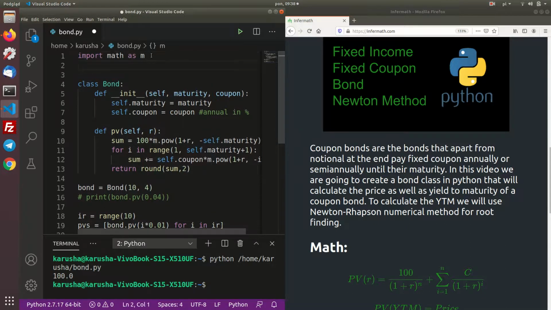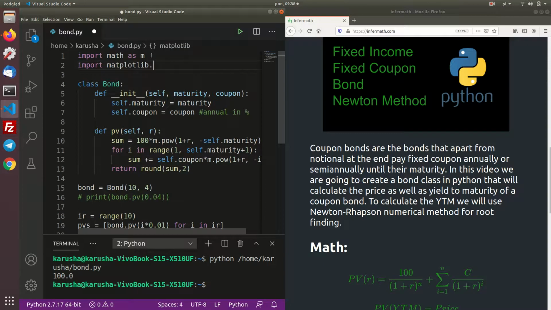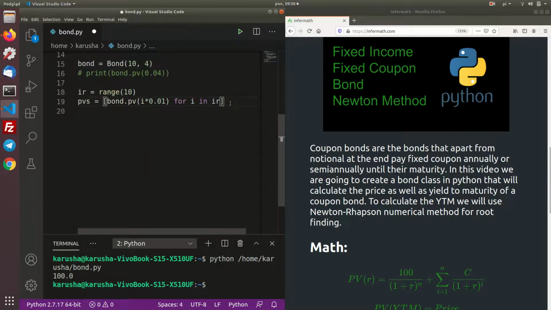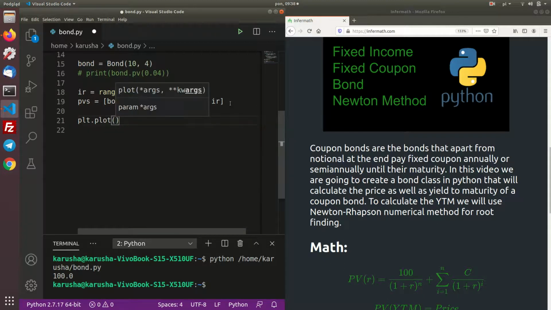Let's import another Python library called matplotlib. We used it in the previous episodes as well. Pyplot as PLT. So first of all, PLT plot. So we create this plot, and we're going to plot interest rate against PVs.